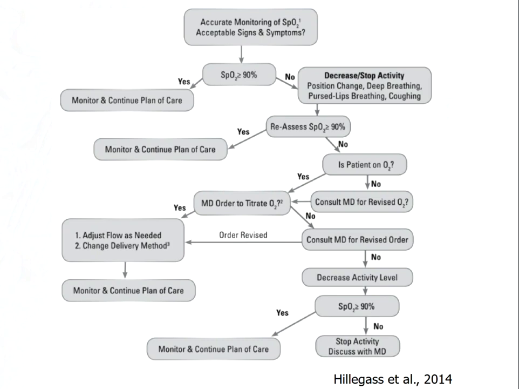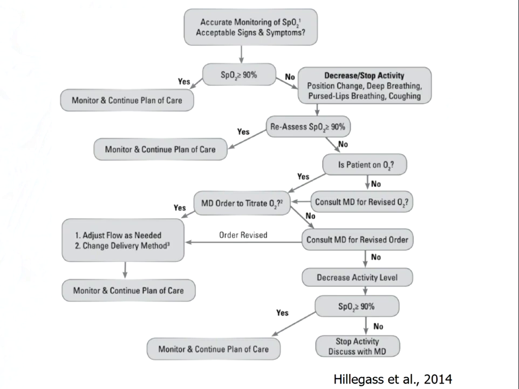Oxygen is treated as a drug, and we need a physician order in order to implement that. The best way to have the physician orders written, and generally the way they are in hospital environments, is to titrate the oxygen level to maintain a certain oxygen saturation.